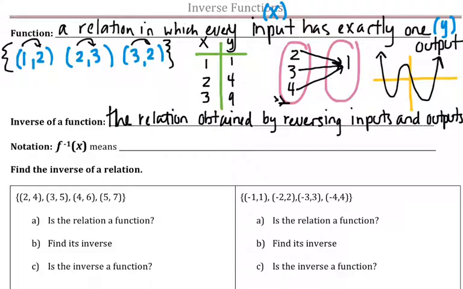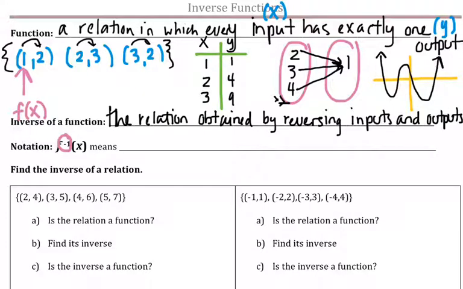We talked about how an inverse is doing the opposite operation sometimes. In a function, the inverse is the relation obtained by reversing the inputs and outputs. So we're going to switch around our x's and our y's. Just a quick notation note: functions can be written as f of x.